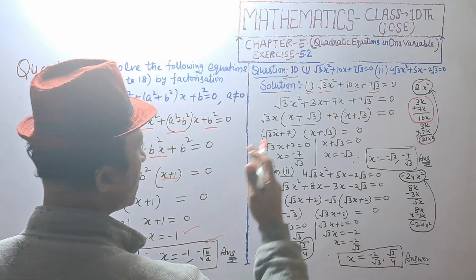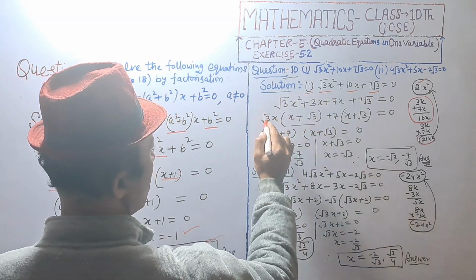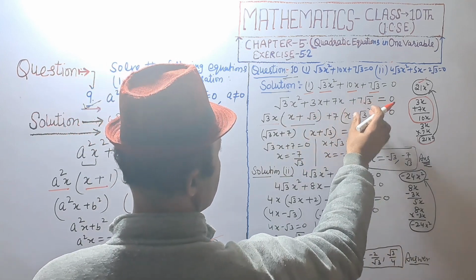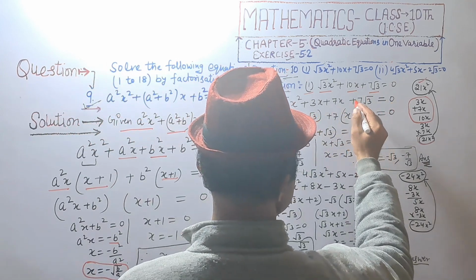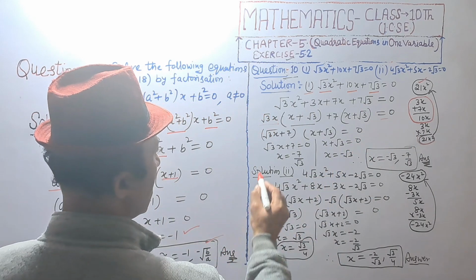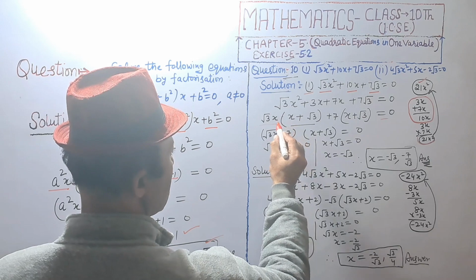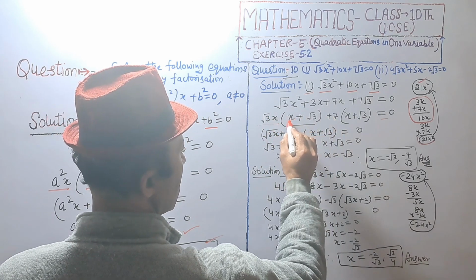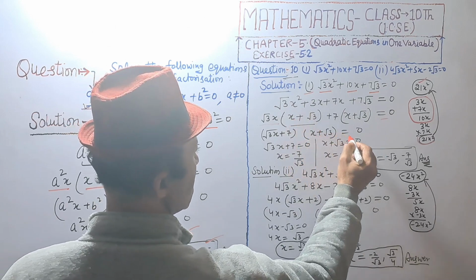3x plus 7x equal to 10x, and we are taking common root 3x in bracket x plus root 3, and in bracket x plus root 3, 7 is common, that is equal to 0. One factor is root 3x plus 7, and the other factor is x plus root 3 equal to 0.